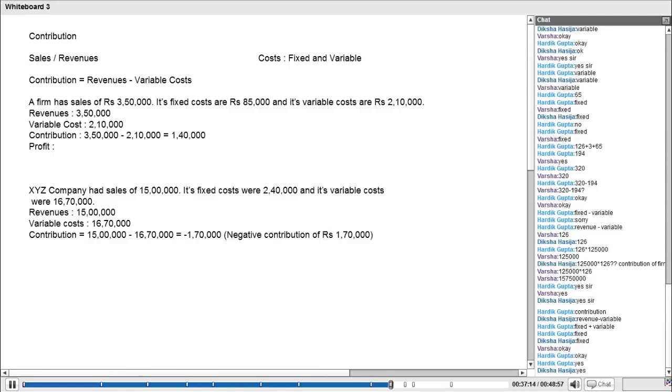So what would its profit be? Revenues, which is 3,50,000, minus total cost, which is 85,000 plus 2,10,000, which is 2,95,000, which gives 55,000 rupees. Is that clear?